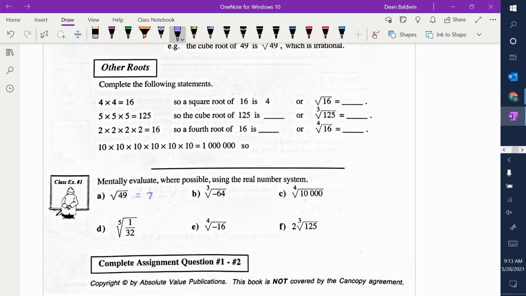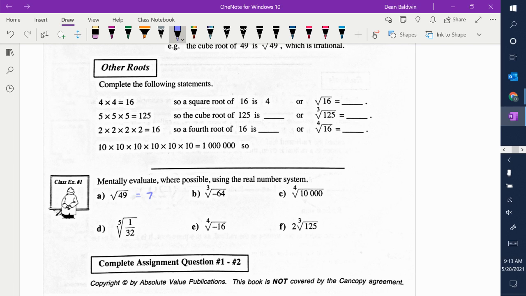Now, this is where things are going to get slightly technical. We're not going to worry too much about it in this class. If the root is already there, it's only the positive root. Okay? Later on, we're going to solve equations. You know what? I'm not even going to worry about that until we get to it.